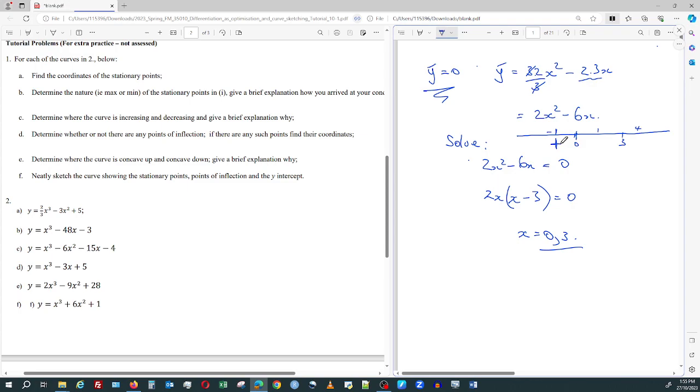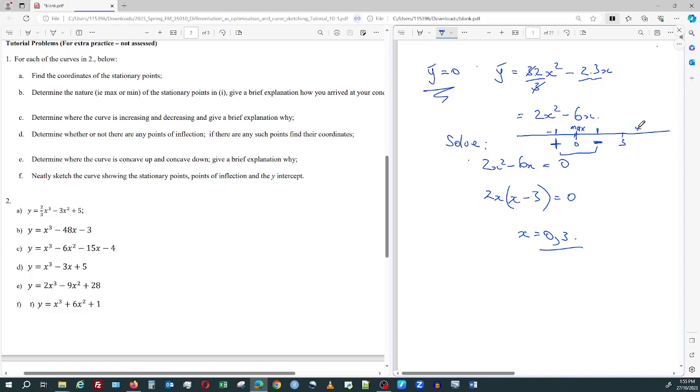It's increasing. Okay? What I need to see is that over on this side with a 1, this changes sign. So if I put a 1 in here, it'll be 2 minus 6, which would be minus 4. Aha. So there is. See that? There's a change in sign. So that tells me that if it's going up and then down, this is a max. Okay. Now we'll check that in a minute.